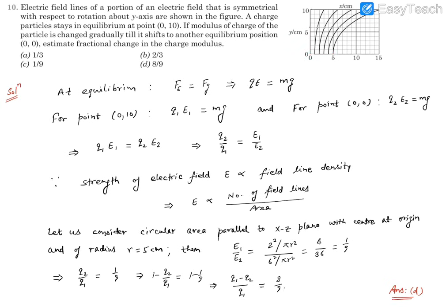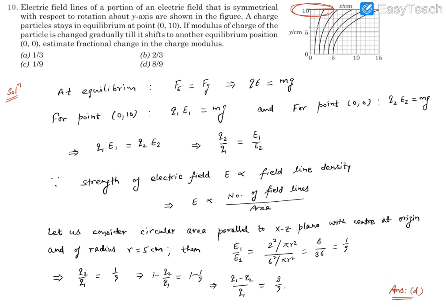If we go from here to there, how many field lines do we get in the linear situation? This field line must be crossing, and this field line must be crossing. Now this is radial, right?